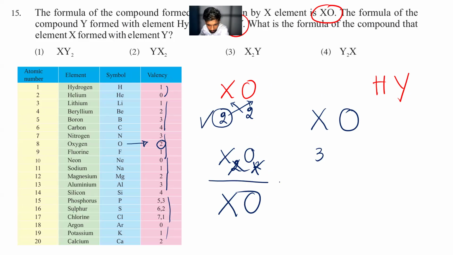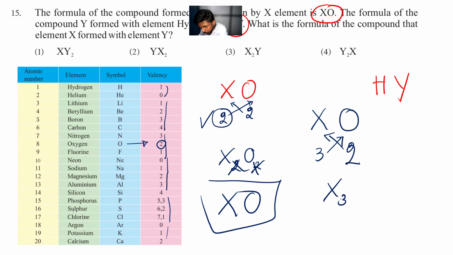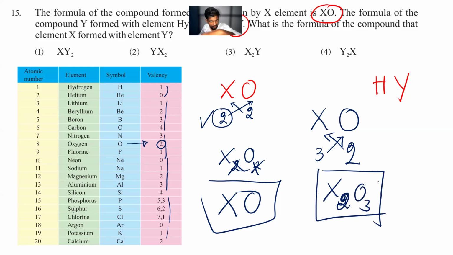And also we have proved that one. We'll check whether the valency, except 2, will be matched or not. Okay. The oxygen, that is 2, right? We'll check. If you put 3, the answer will be X2O3. So from this observation, we can say the X will have the valency 2.